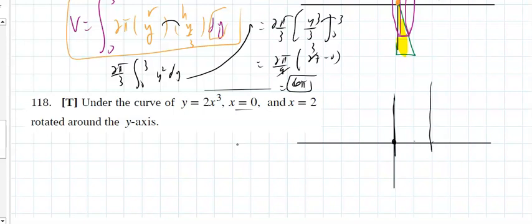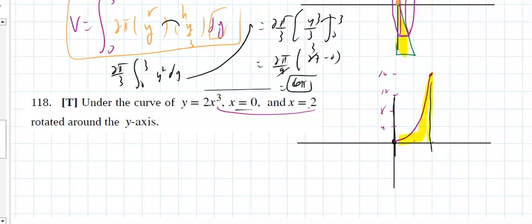0, 0. If I put 2 in, I'll get 16. So I'm going to say this is 4, 8, 12, and 16. Of course, it should look more like this. And there's a continuation to it, but we're only interested in quadrant 1 in this case.